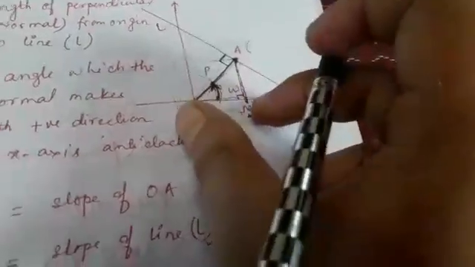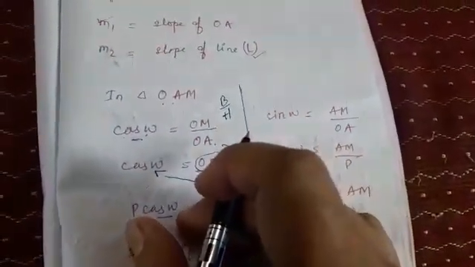That is why we are calculating OM, and we have got OM as P cos omega.